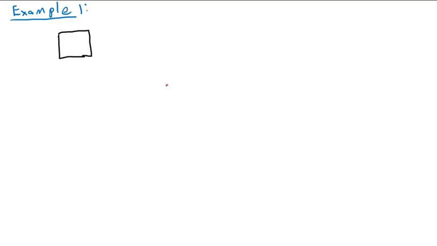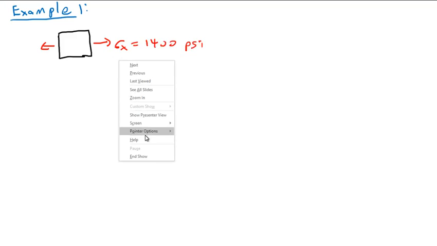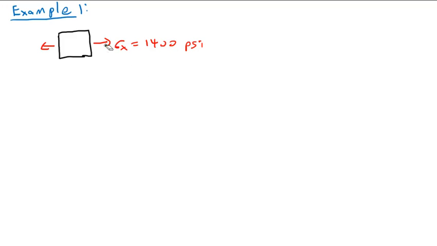So I tell you this. I tell you that at this point, we have a sigma x of 1400 psi. Oh, sorry, I wrote those in the wrong direction. I want this to be in compression.